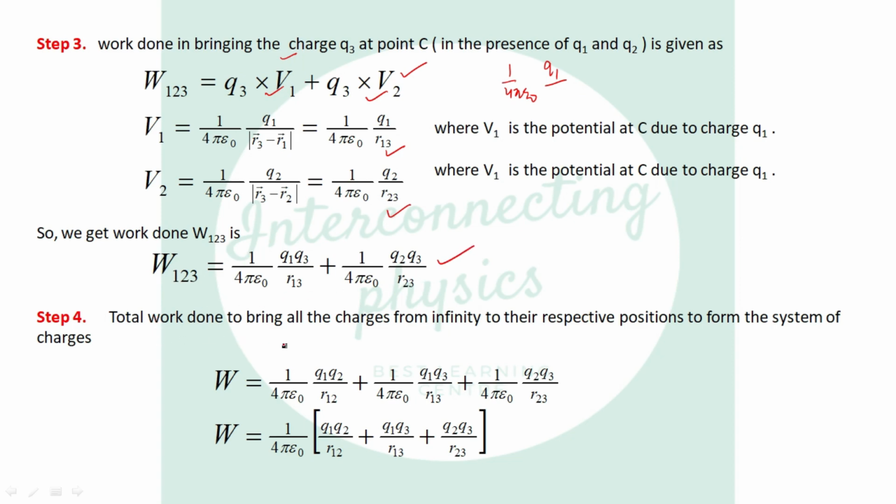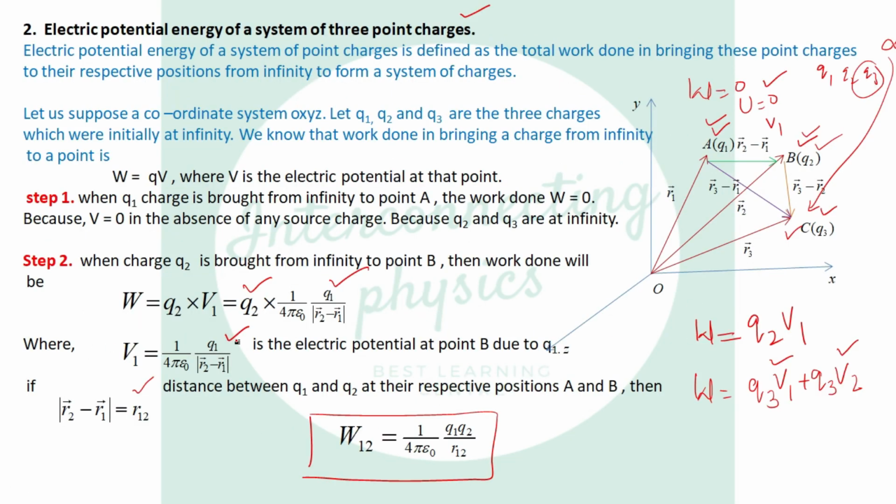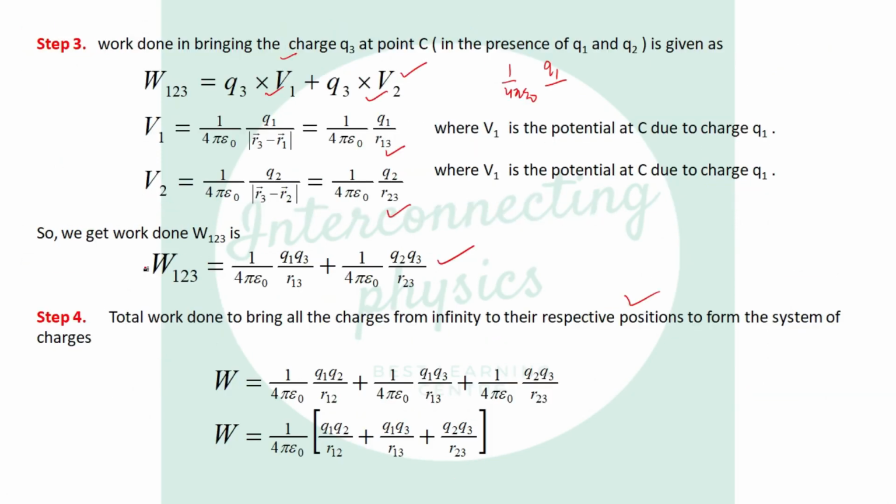Now total work done in bringing all charges from infinity to their respective positions to form a system of charges is this work done plus this work done, that is W12 plus W123.